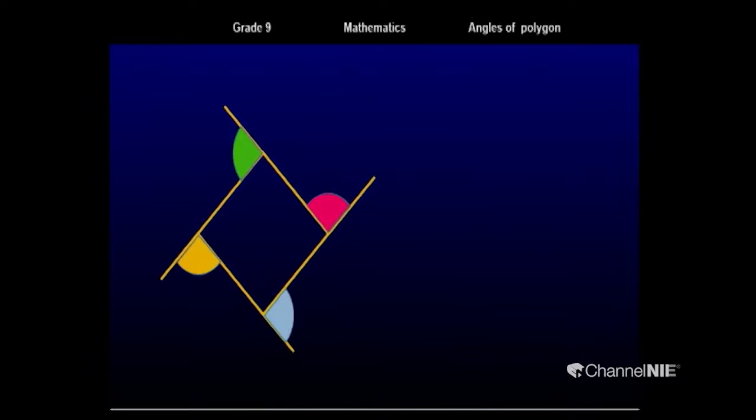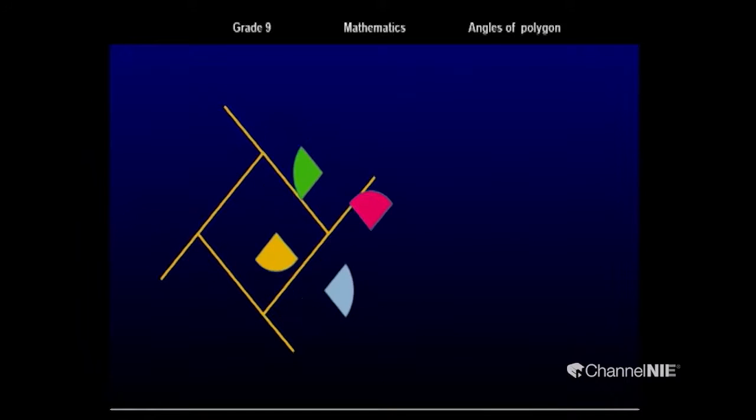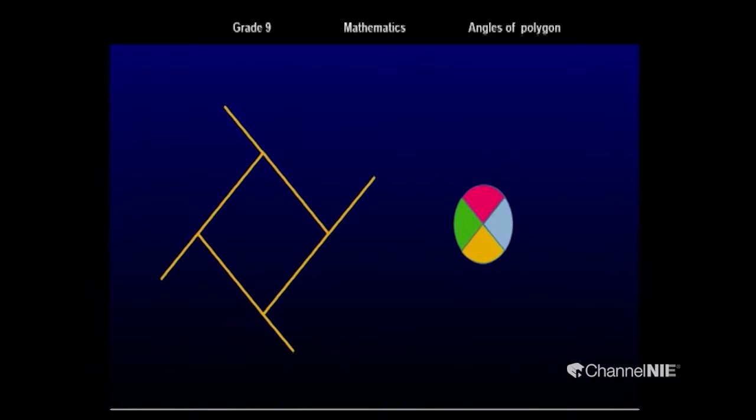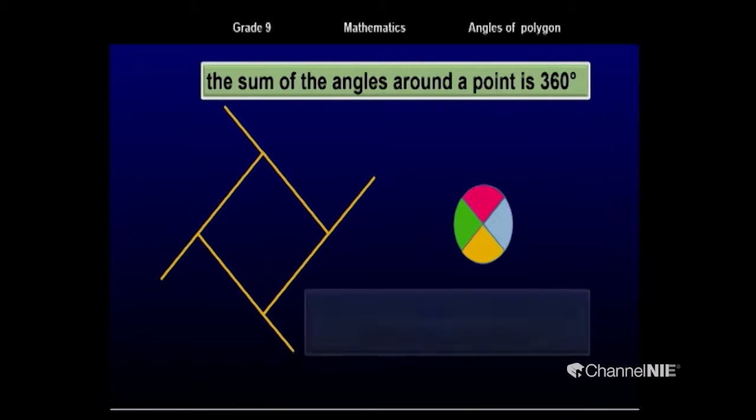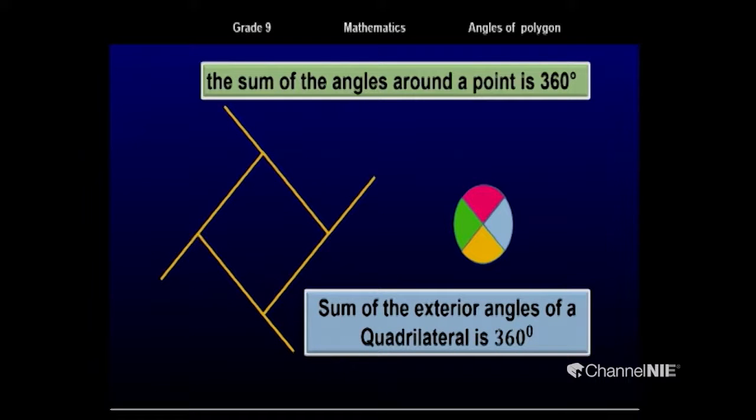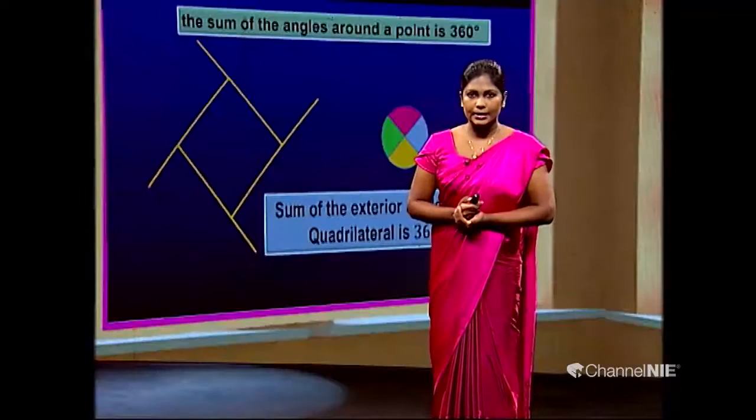Okay children. Then cut these angles and again mark a point on your piece of paper and paste them like this. What happened to this? Here also the sum of the angles around a point is 360 degrees. That means the sum of the exterior angles of a quadrilateral is also 360 degrees.